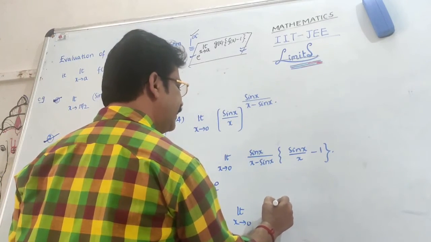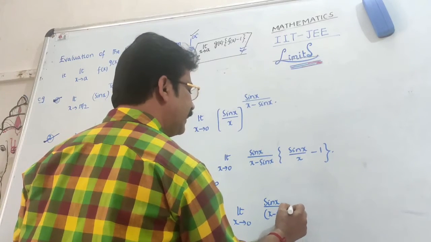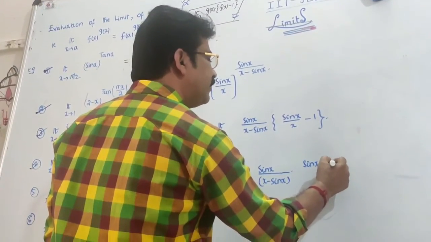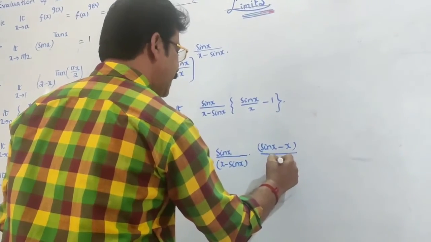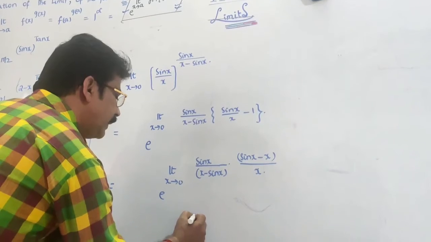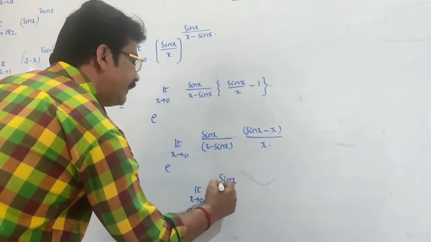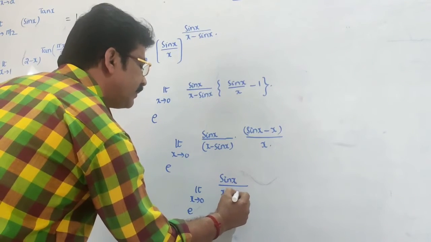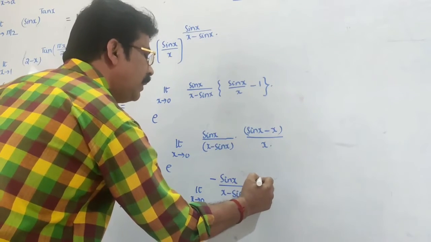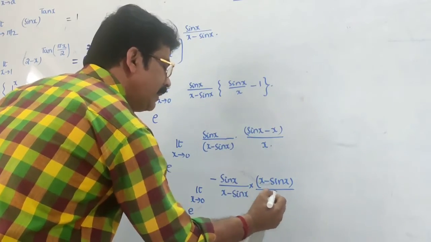Next, that is equal to e power limit x tends to 0, sin x divided by x minus sin x, into, just simplify it, sin x minus x divided by x. Here we are taking a minus common, into x minus sin x whole divided by x.